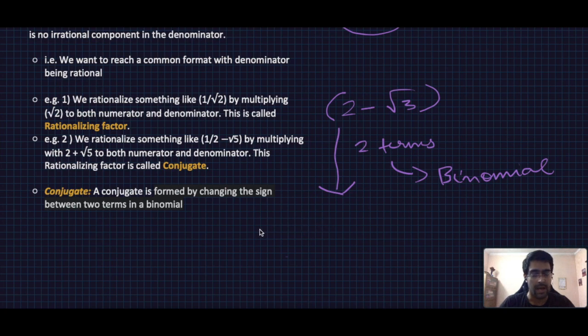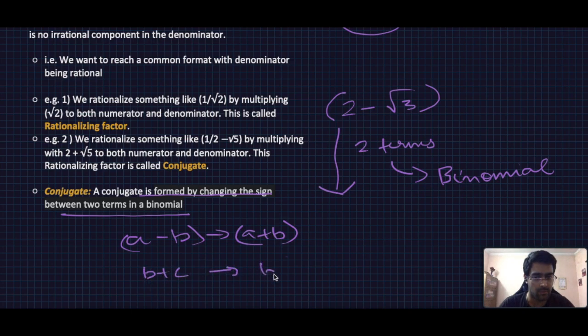As the definition states on the left hand side, a conjugate is formed by changing the sign between two terms in a binomial. So if I have a minus b, its conjugate will be a plus b, right? If I have b plus c, its conjugate will be b minus c. I just change the signs.